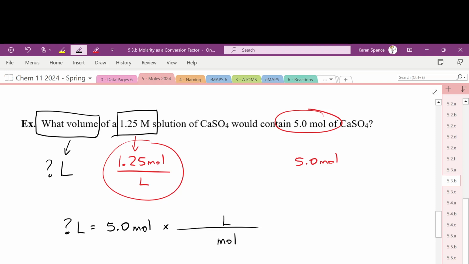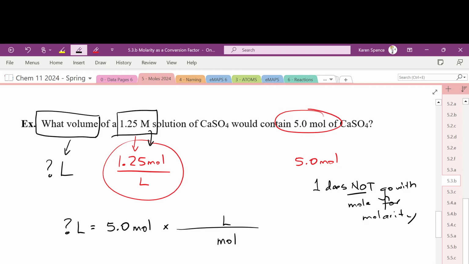Now, this is the one place. Do you remember I said the one goes with the mole? Not for molarity, because it's moles per 1 liter. So the one does not go with the moles for molarity. If you have written it out like this, it should be pretty obvious that the number in front of the mole is not the number 1.